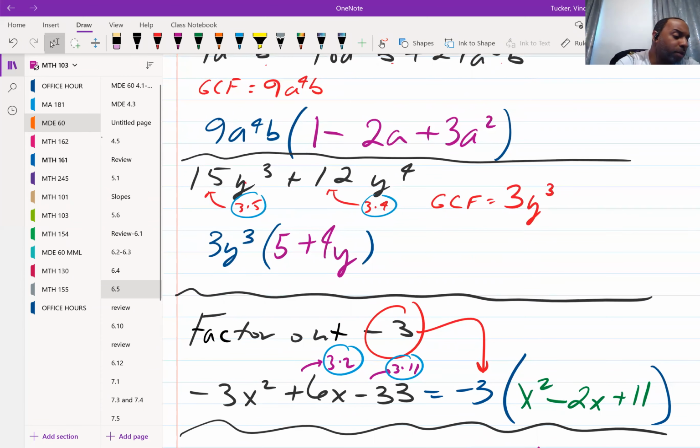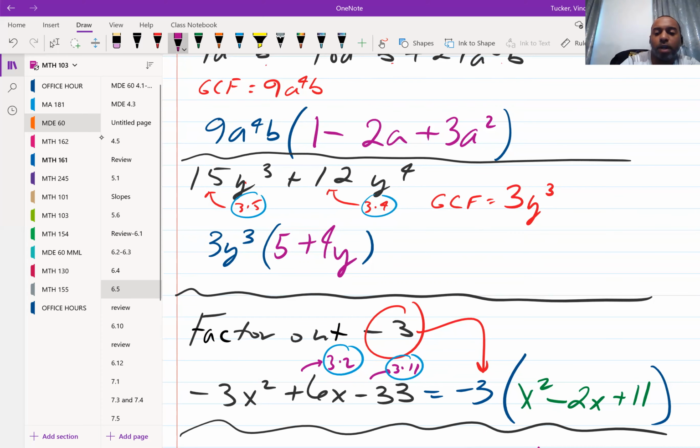So we're going to pull out 3, but we're also going to factor out that negative, so it's going to change all of our signs as well. All right. So pull -3 to the outside.